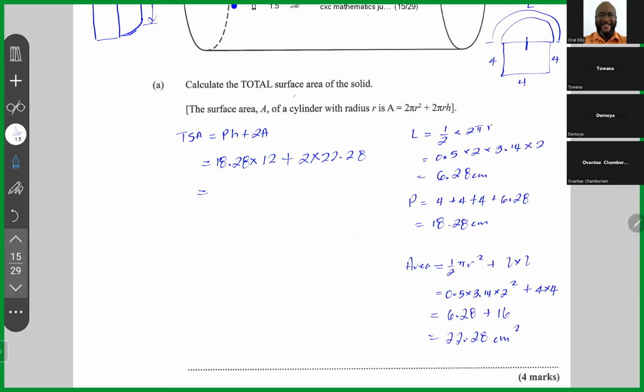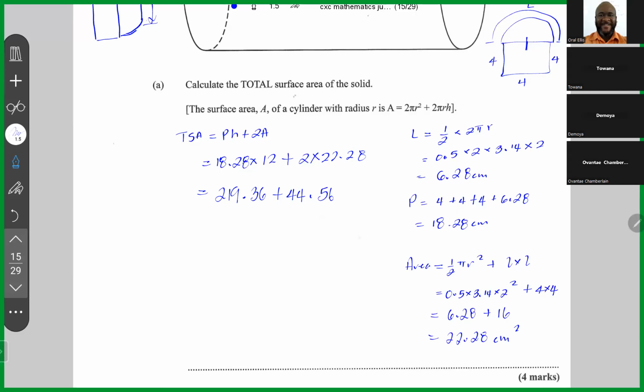So the total surface area: 18.28 times 12 is 219.36, plus 22.28 times 2, which is 44.56.